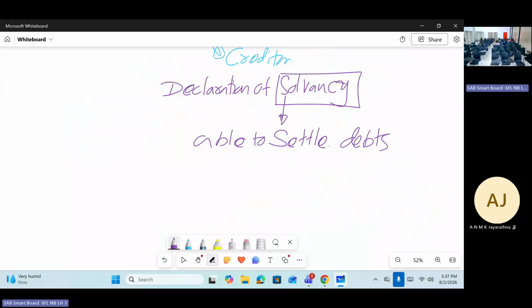So this is the declaration given by the directors. The directors of the company must declare that they have inquired into all the affairs of the company, and the most important part is that within 12 months from the date of commencement of winding up, they are of the opinion that the company is able to pay all the debts.